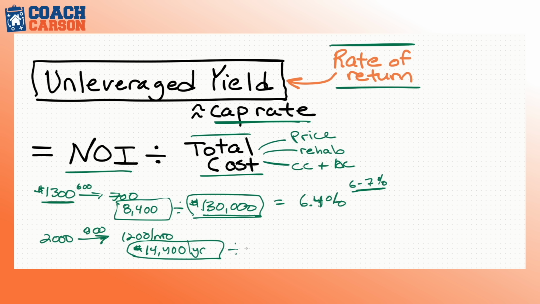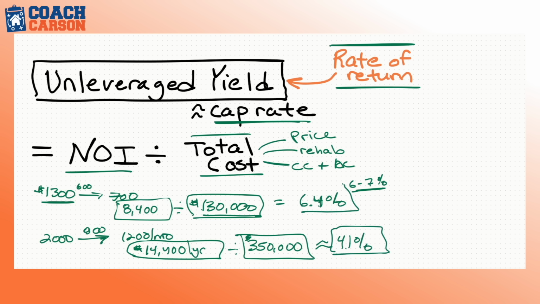But we're going to divide that by, let's say, $350,000. That would be the full value of that property that we could buy retail today. So $14,400 divided by $350,000 equals, I believe I did my math right, about 4.1%. So that is the unleveraged yield, or the cap rate for that property in these two different scenarios.